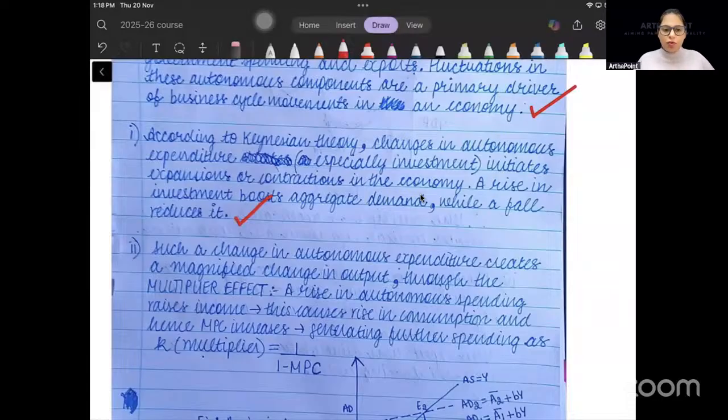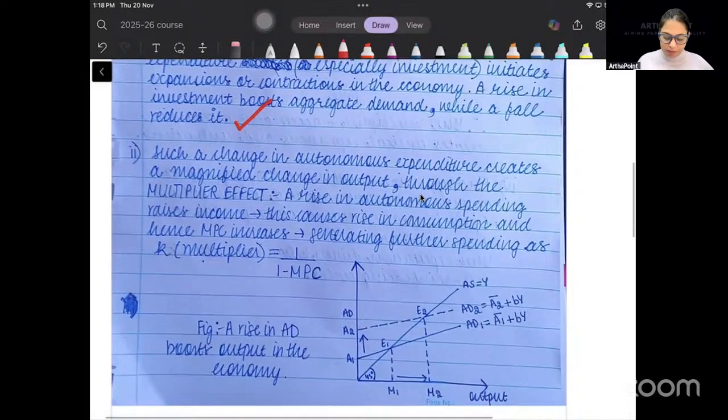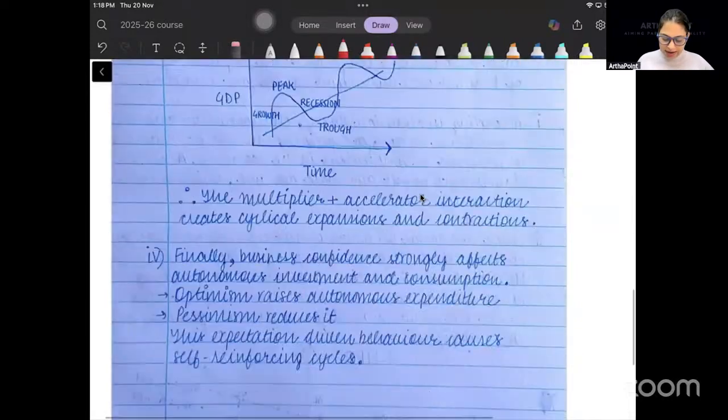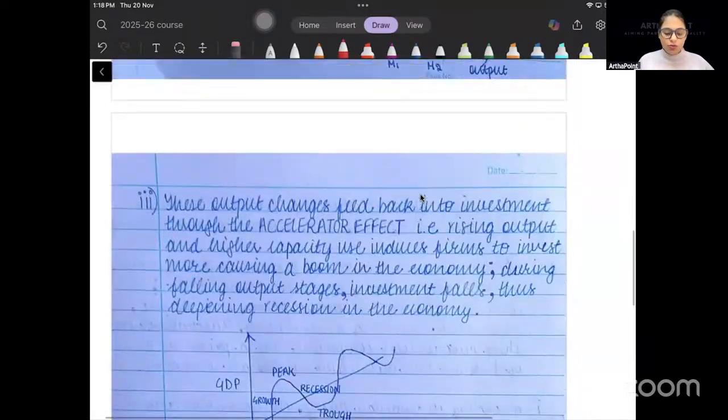One thing I want to highlight is that when you talk about any theory, like Keynesian theory, or what autonomous consumption expenditure is, it will be a good idea to write them.